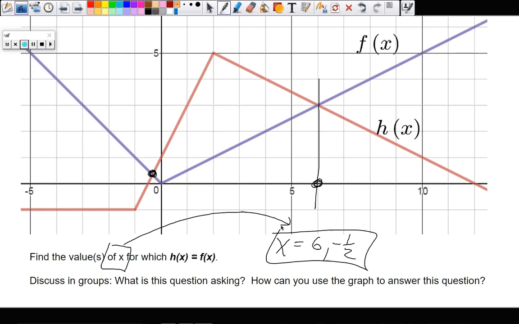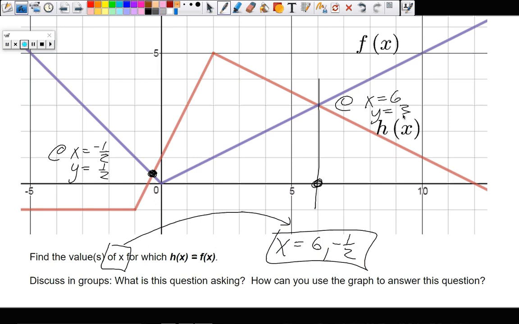What if I asked you, what are the values of y at those specific x values? So this one, yep, this one would be 0.5. So you could say at x is equal to negative 1/2, y is 1/2. And then at x is equal to 6, y is what? 3.